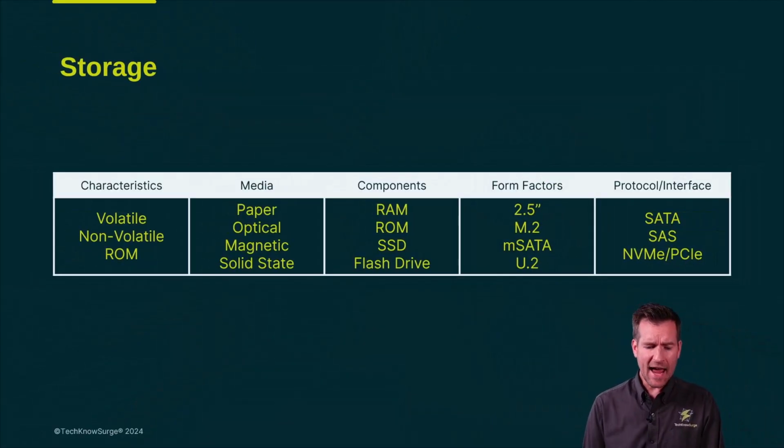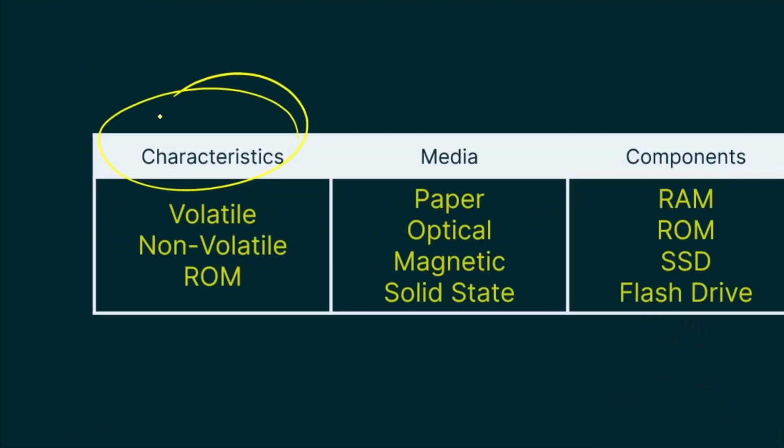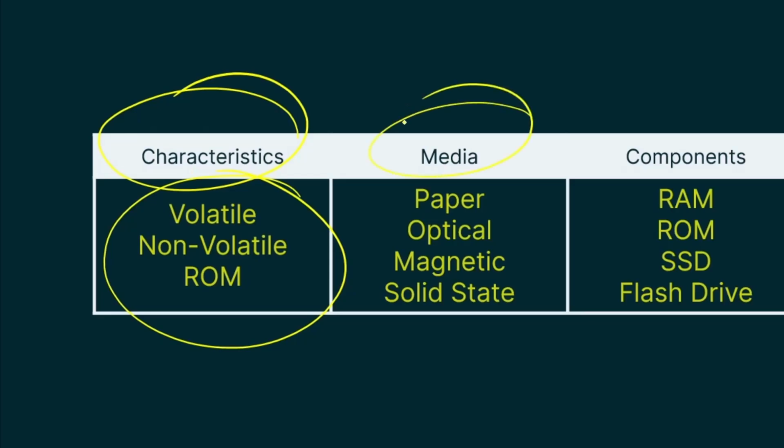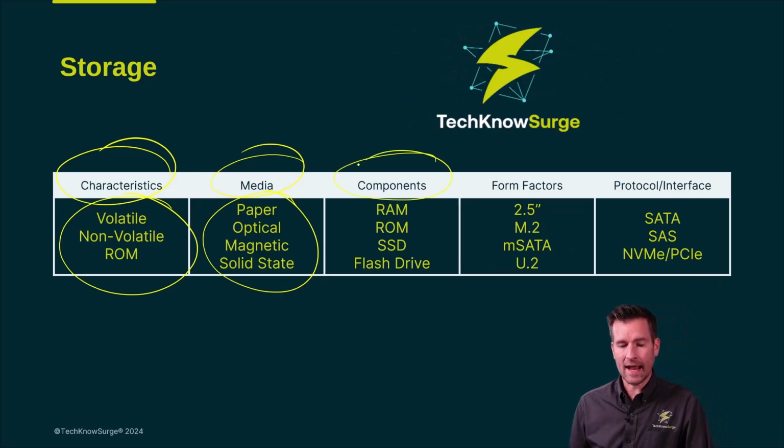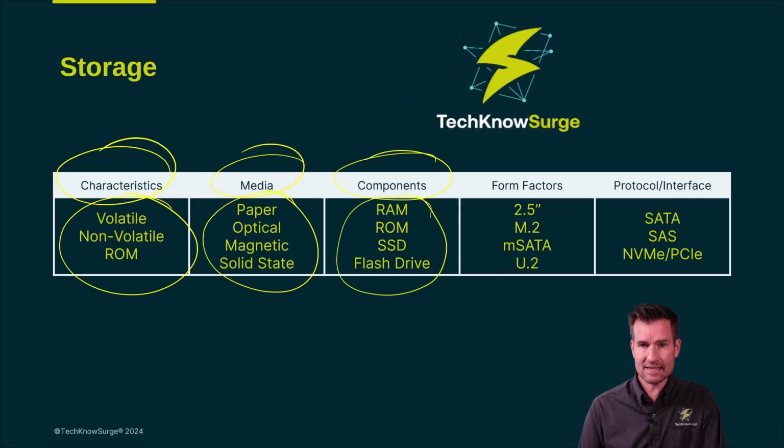In fact, storage has different characteristics, whether it's volatile, non-volatile, or read-only memory, or perhaps it's different media, what it's stored on. We can store it on paper, optical, magnetic, solid state, and a lot more. There are different components: RAM, ROM, SSDs, flash that we could use with our computers.